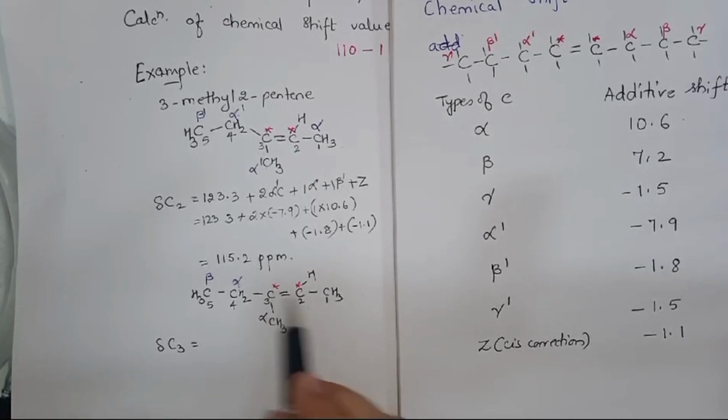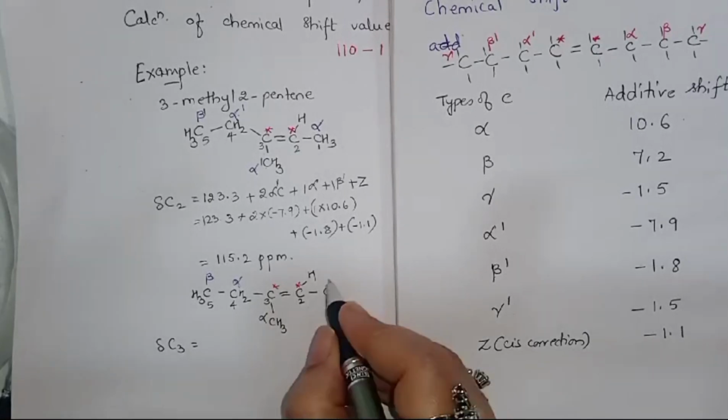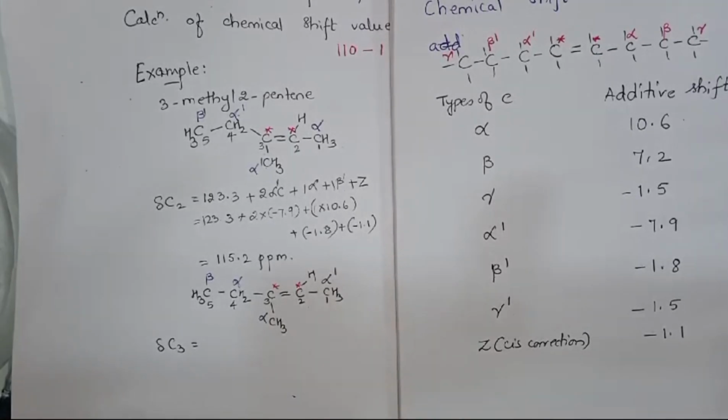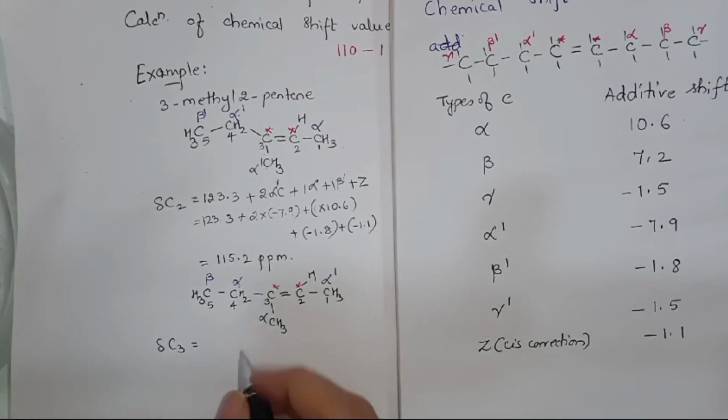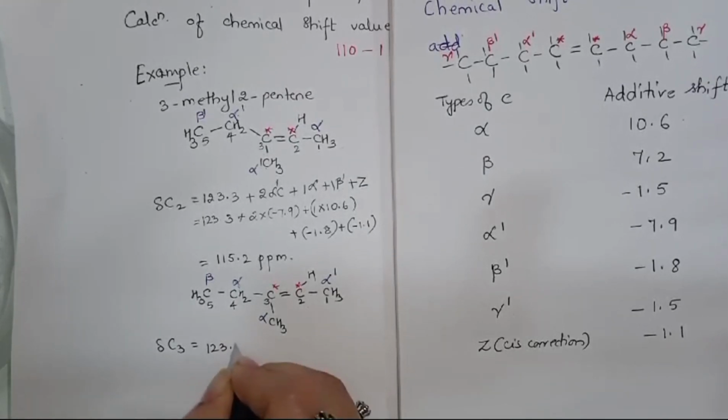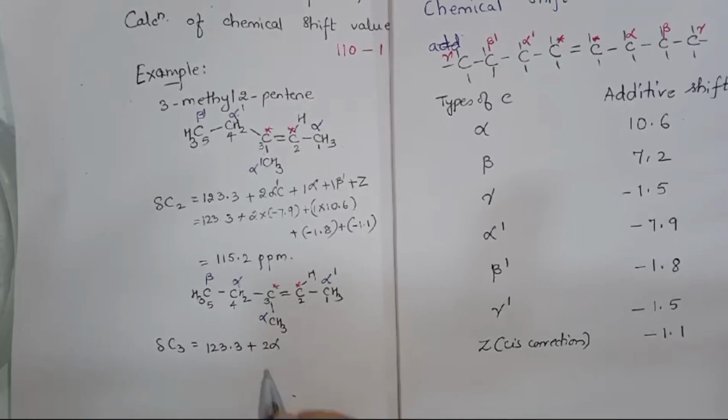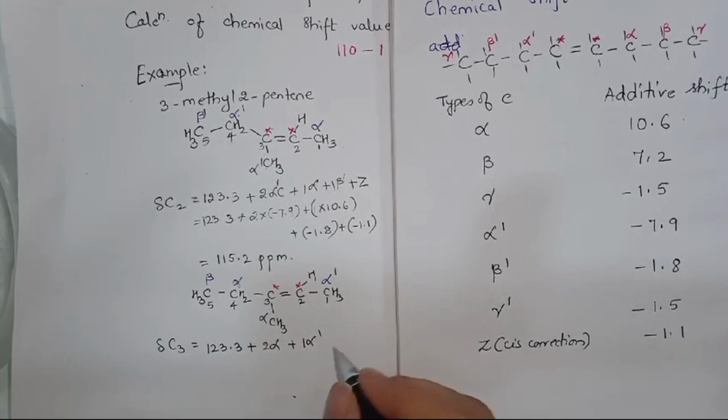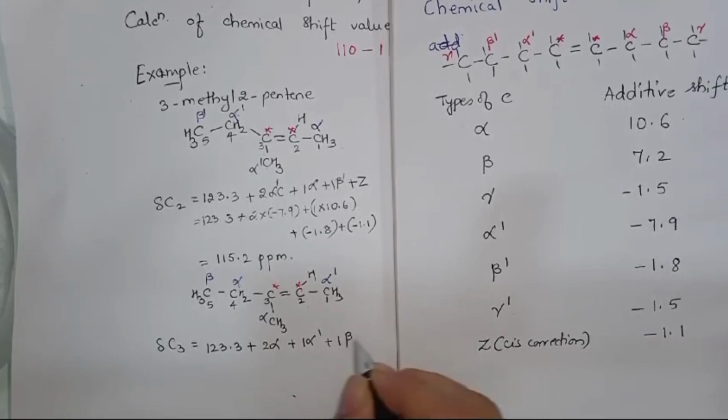So on the opposite side of the star carbon, this will become alpha dash. So for carbon 3, we will have 123.3 as the base value plus 2 alpha carbons plus 1 alpha dash carbon plus 1 beta carbon.